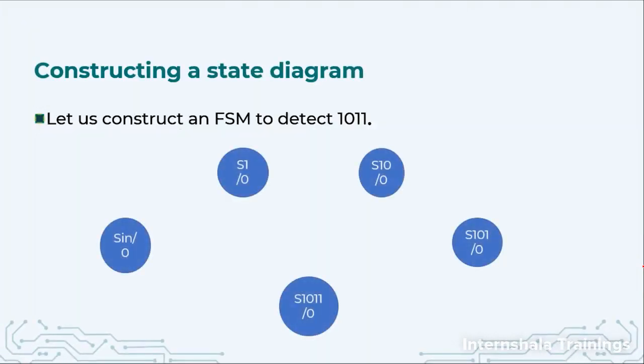Now we are going to design our finite state machine. I have listed down some of the states here, and let us start constructing our finite state machine now. So first of all, I have S initial. That means when nothing is detected. Zero detection. That does not mean 0 bit detection, but that nothing from this pattern is detected.